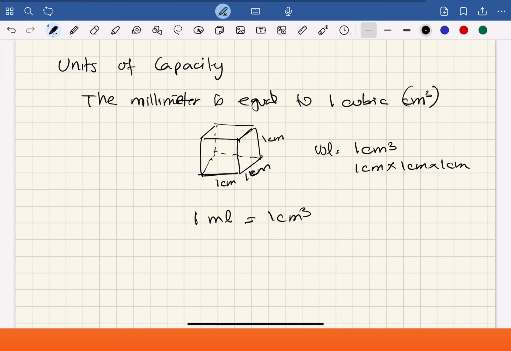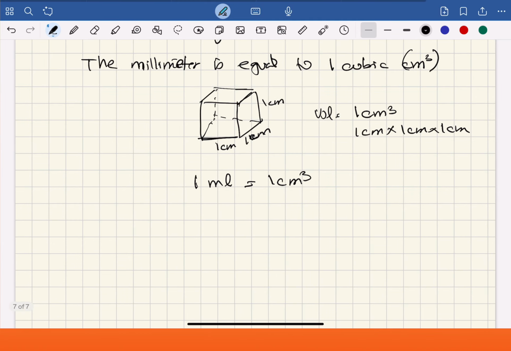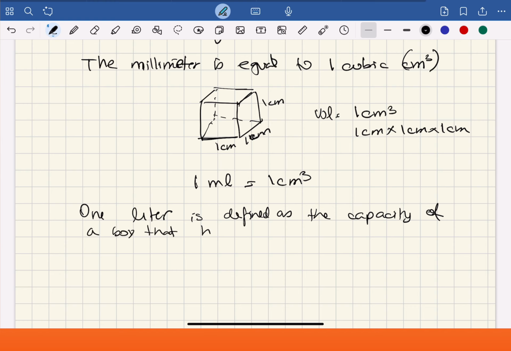So, okay. So now let's talk about the measurements, and same thing, okay, so let me actually make the connection with 1 liter. We'll have that 1 liter is defined as the capacity, and that's what it's called, units of capacity, of a box that has 10 centimeters on each side.